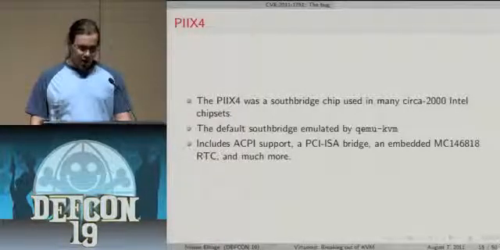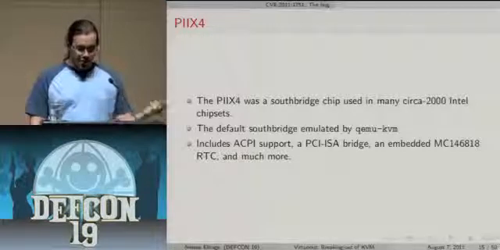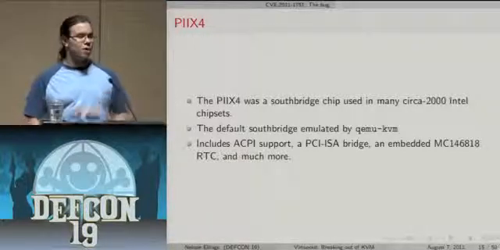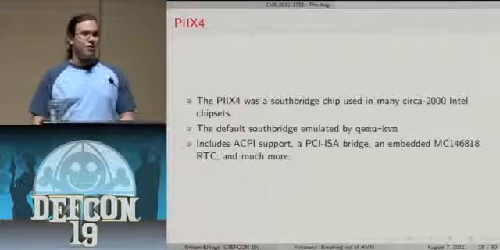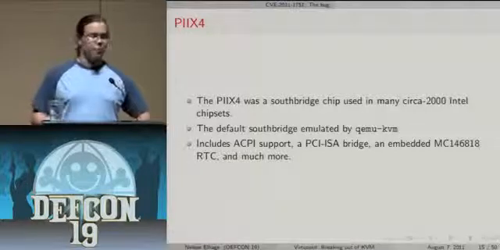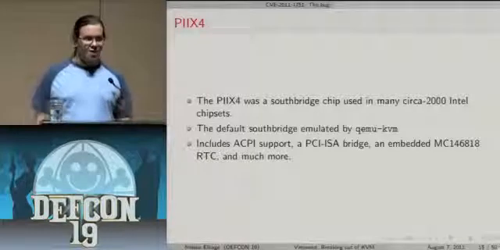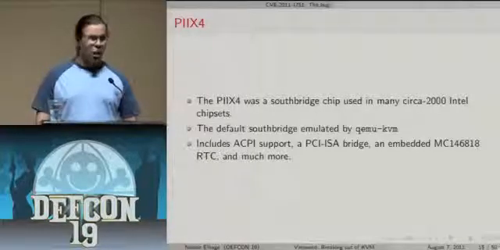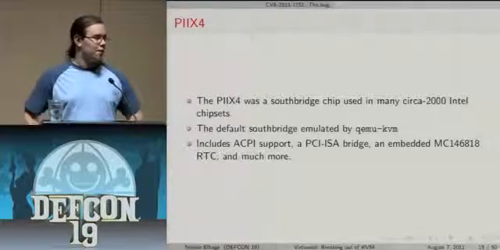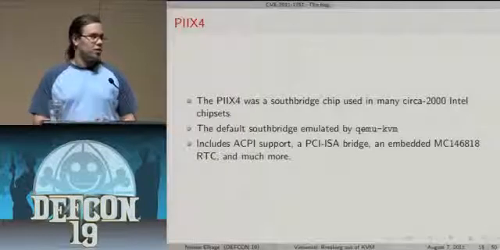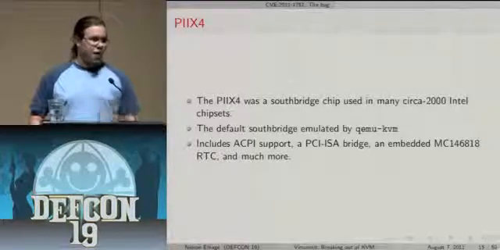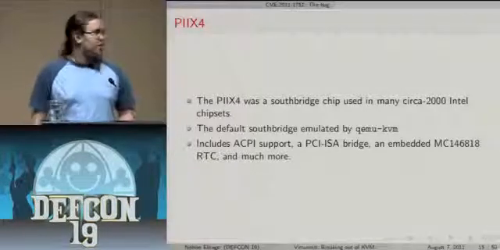And since it's a South Bridge, that means it talks to most of the physical devices in computers of that era, which hung off of the South Bridge architecturally. So the PCI bus, the ACPI support, the real-time clock, all of that stuff, the CPU communicates with through the South Bridge. And this is the default South Bridge chip that QEMU emulates.